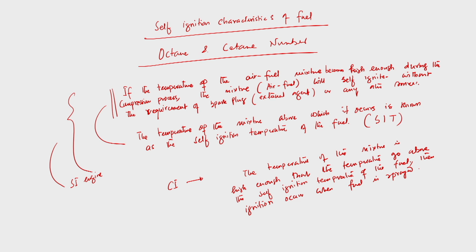So, here the temperature is always above the self ignition temperature of the fuel. So, it does not require any external agent to initiate the combustion. That is what we have seen.